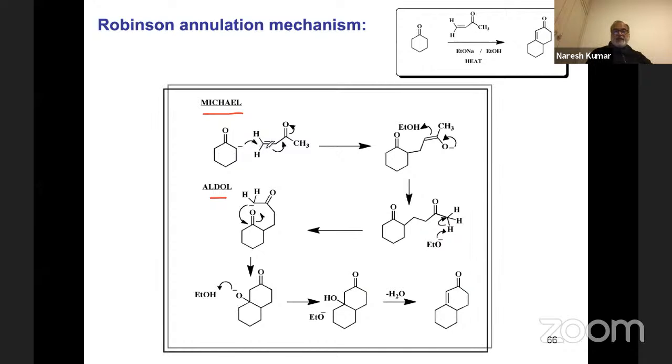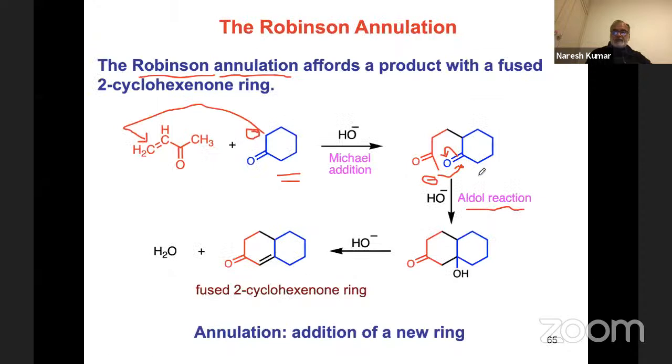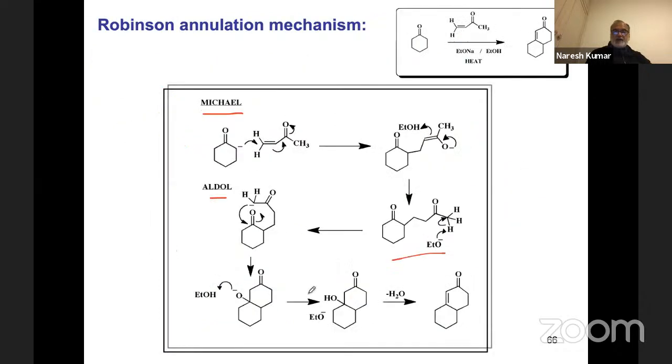You do a Michael addition or a conjugate addition chemistry to form that CH2, CH2, CO, CH3 shown on the last slide. So this compound here is exactly the same compound which is shown over here in this slide. That compound over there is just drawn now in full detail mechanistically.